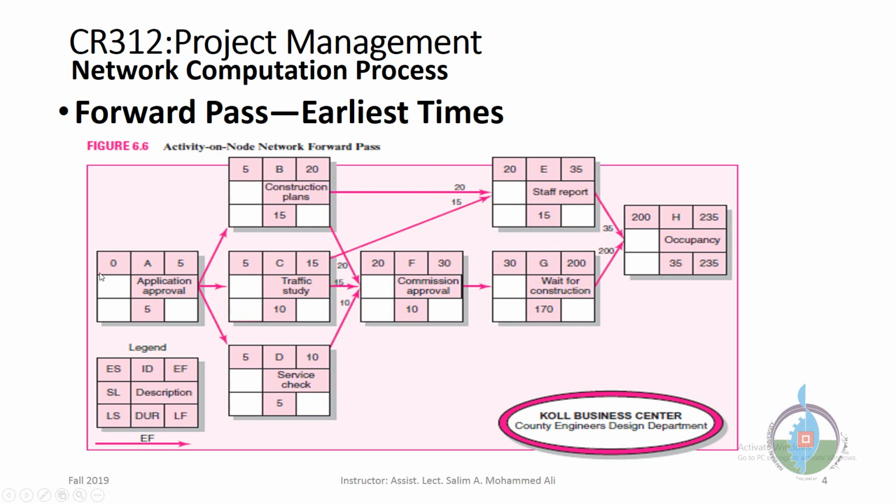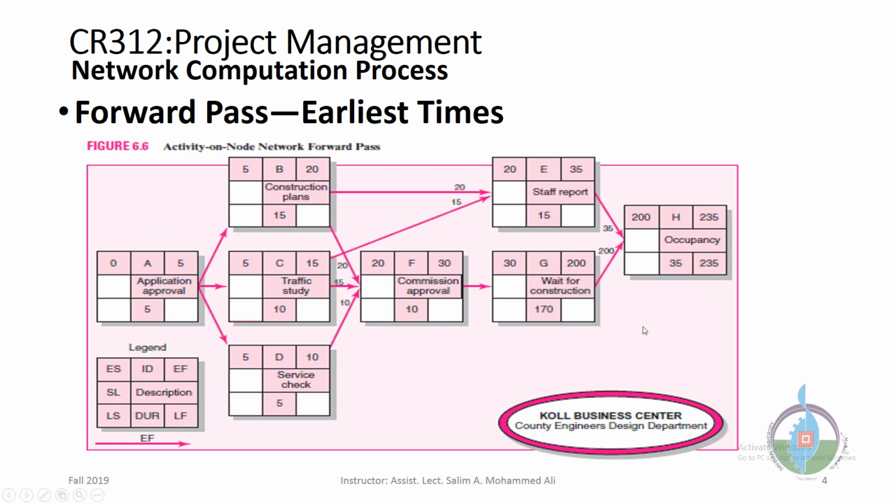Before that, it cannot be done. H has 35 days of duration, so the total early finish for H is 235 days. This time is the time of the whole project.